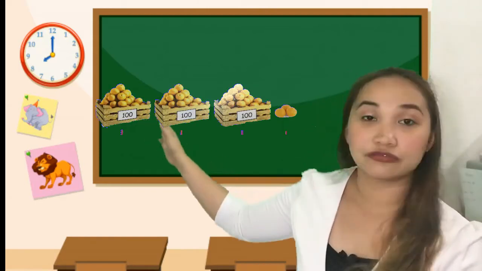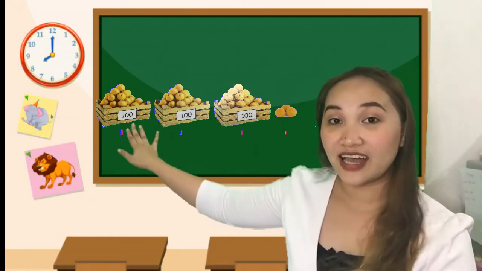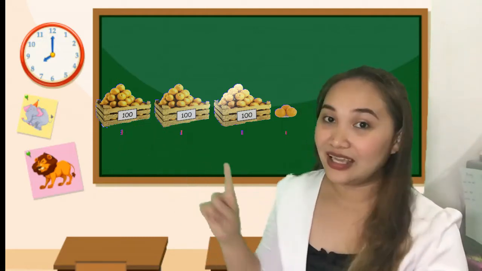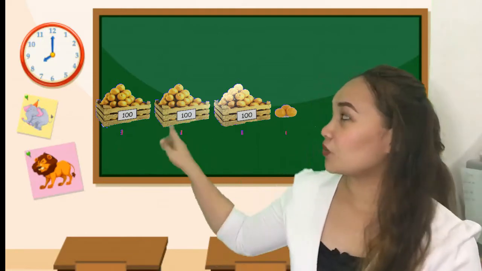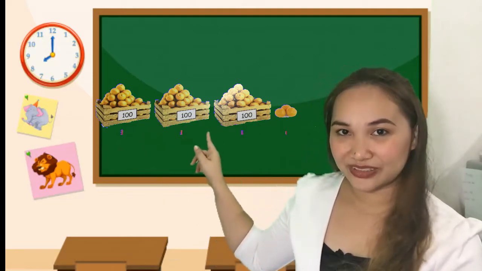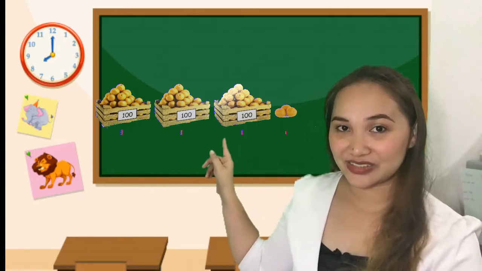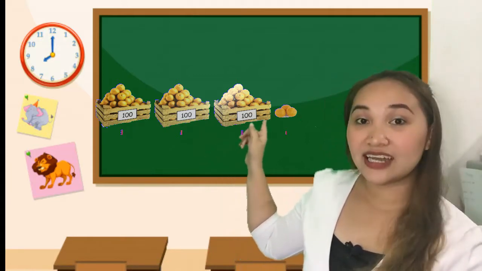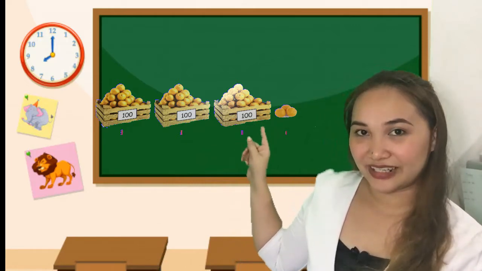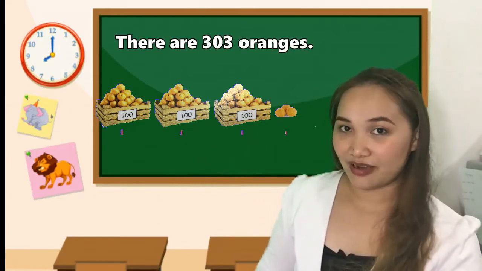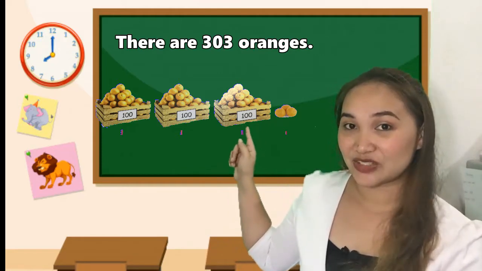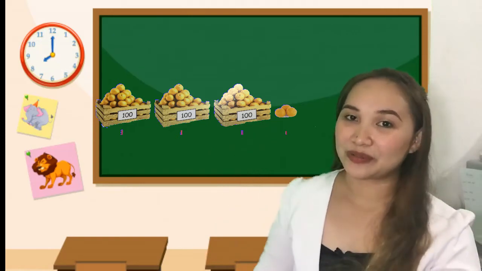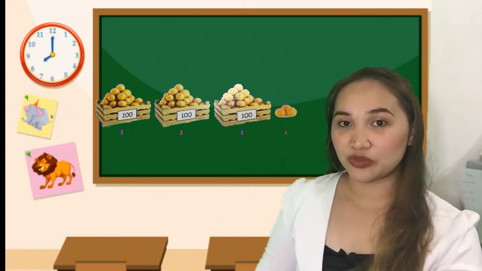Each box is full of 100 oranges. So let's count: 100, 200, 300, and there are ones, 303. So there are 303 oranges.